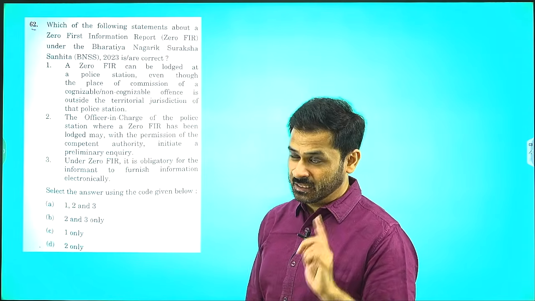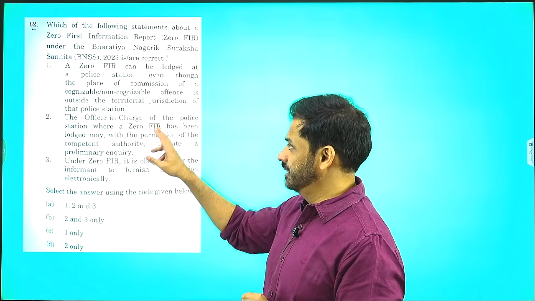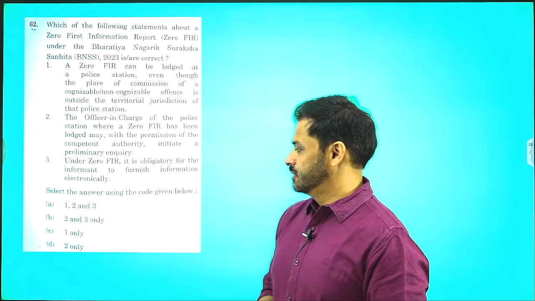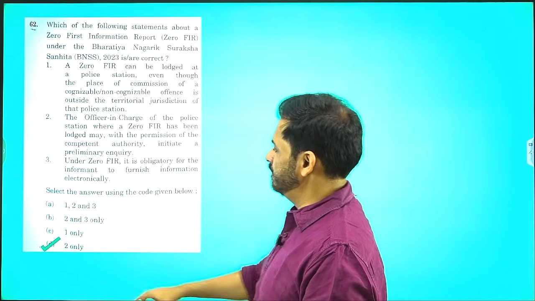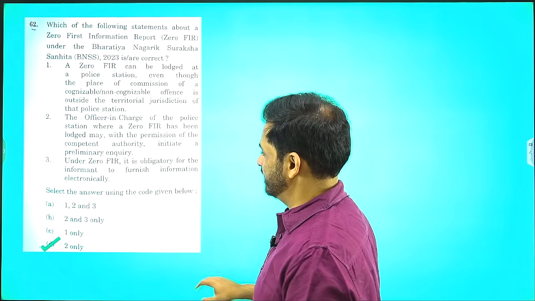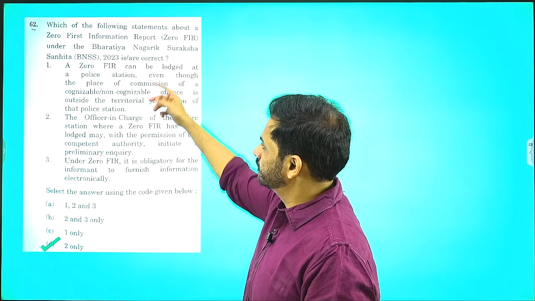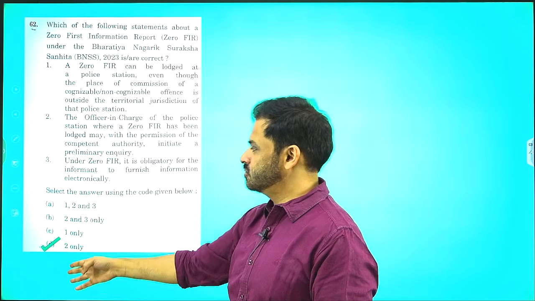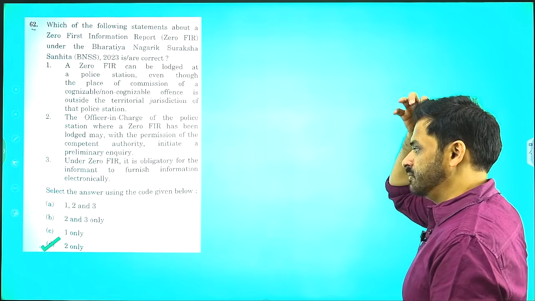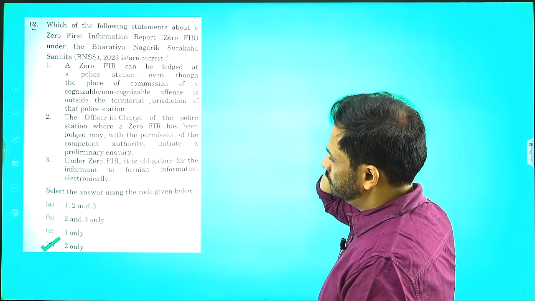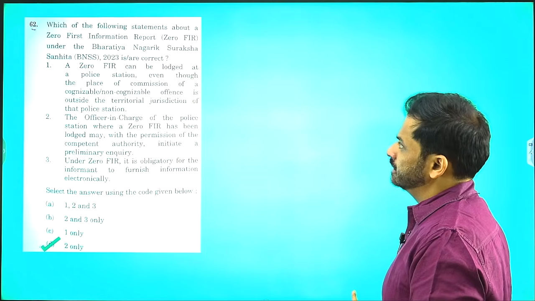But a preliminary inquiry can happen; that option is given there. So in this case, the answer will be D. Only the second statement you will consider correct, because one is wrong and three is wrong. You don't have any other option left. Okay, so the answer will be D.